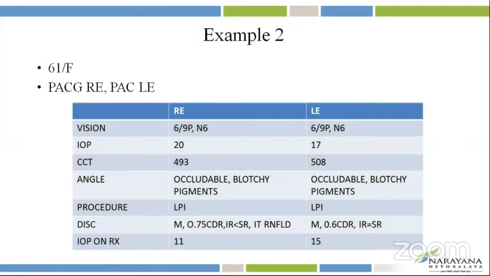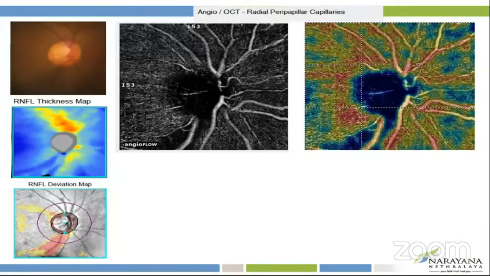This is an example of a 61-year-old female, right eye PACG and left eye PAC. Her angles were occludable in both eyes and an LPI had been done. The right eye disc was a medium-sized disc with a 0.75 cup to disc ratio with an inferior temporal RNFL defect.